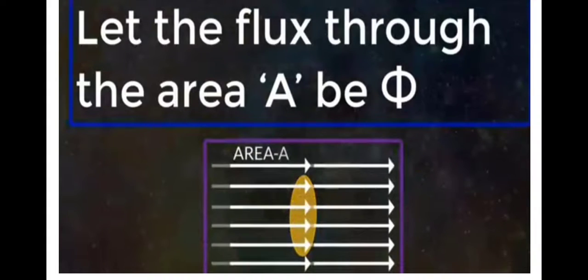Let the flux through the area A be phi. The flux through the unit area perpendicular to the field is equal to phi by A. The ratio of the magnetic flux passing through a plane perpendicular to the field and the area of the plane is called the magnetic flux density.